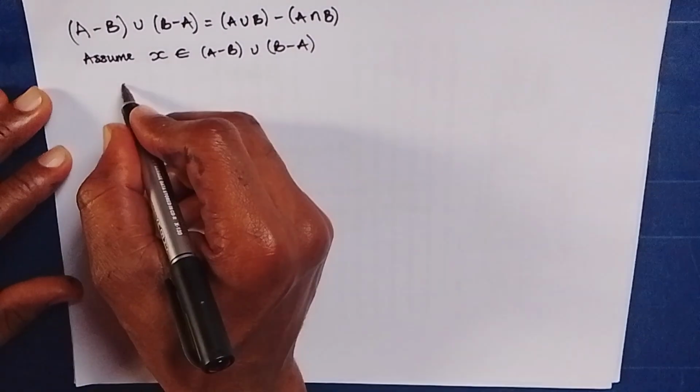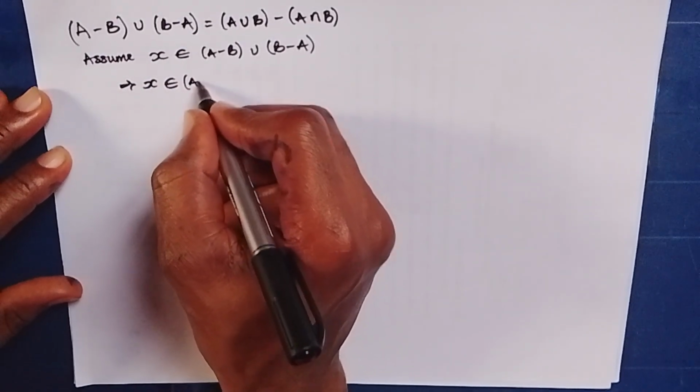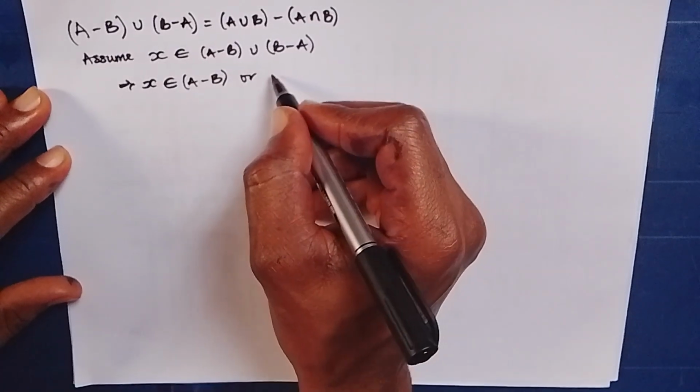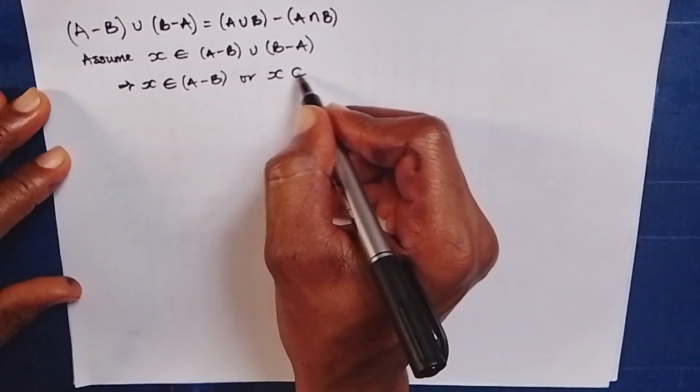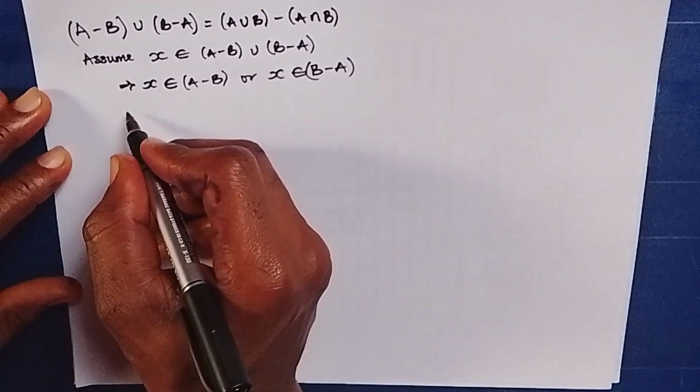If x is a member of this, it implies that x is a member of A minus B, or, remember our union means or, x is a member of B minus A. Can still go further.